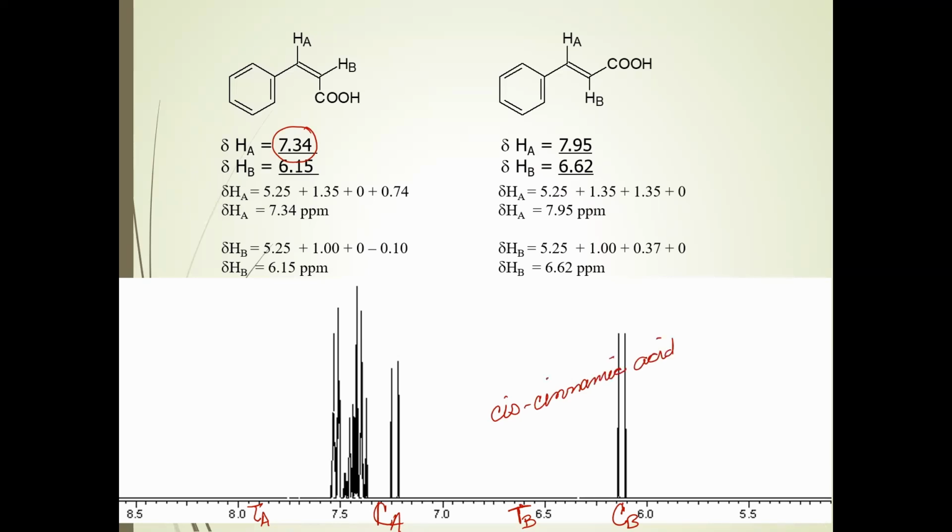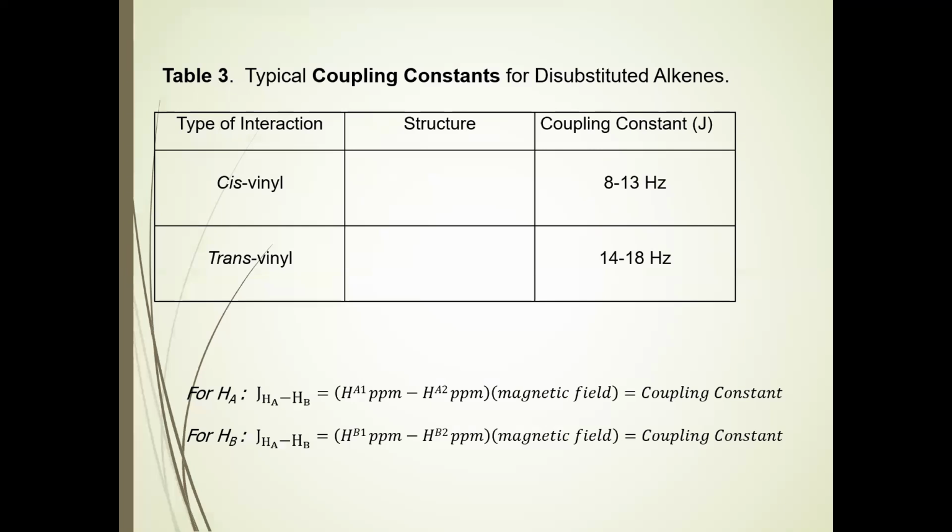And so this is what you're going to be doing for your compound as well. You're going to calculate the chemical shift for the two hydrogens for the cis isomer, do it again for the trans isomer, and then compare it to your spectrum and see which ones match best. We'll also look at coupling constant as sort of a confirmatory method.